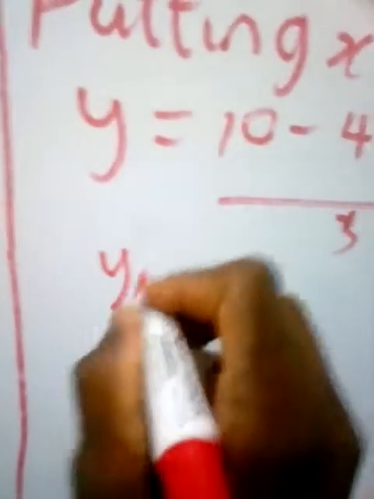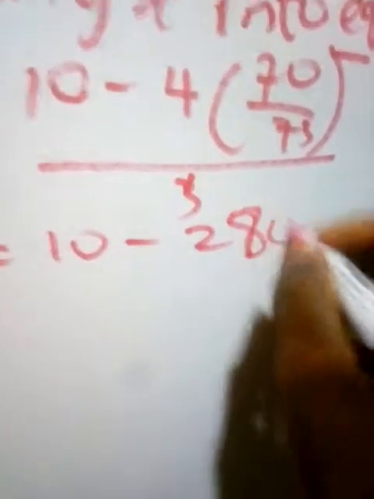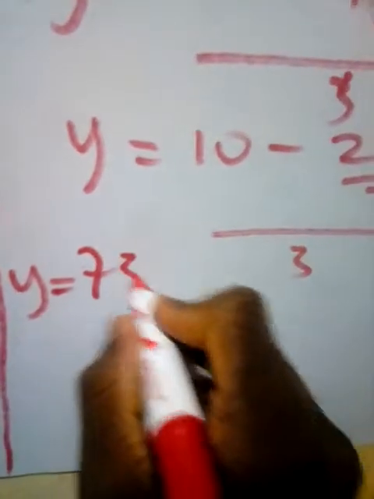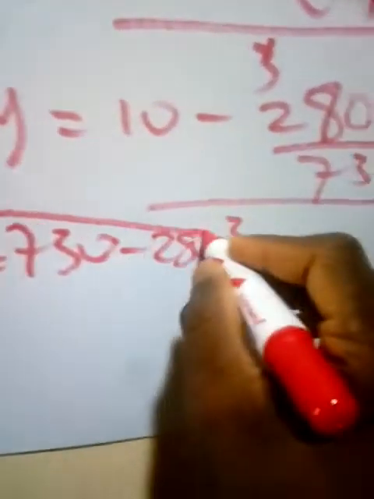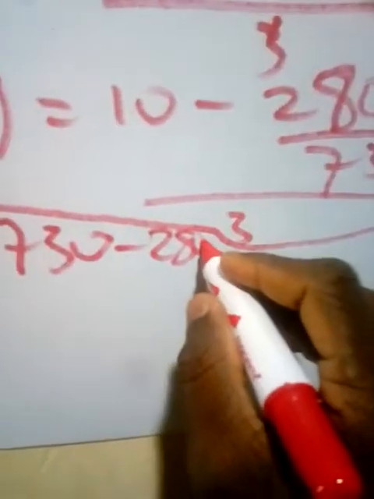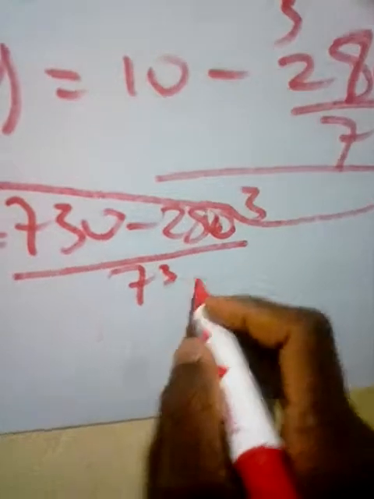So my y will be equal to 10 minus 280 over 73, all over 3. So my y would be equal to, taking the LCM from this point, (730 minus 280) over 73, all over 3.